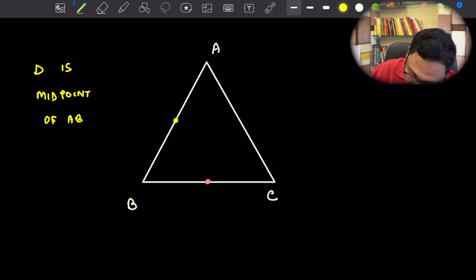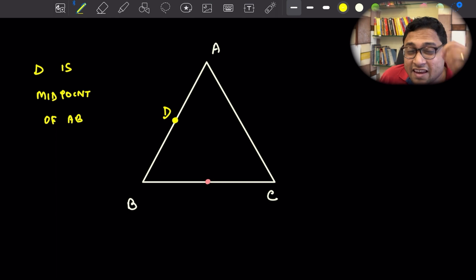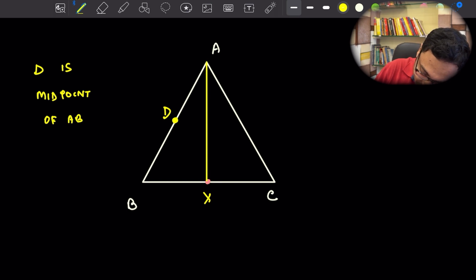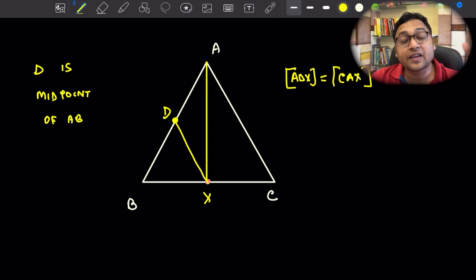So D is here. So if the D is the midpoint of AB, can you find X such that ADX and CAX, ADX and CAX have the same area? What is the position of X such that that happens?